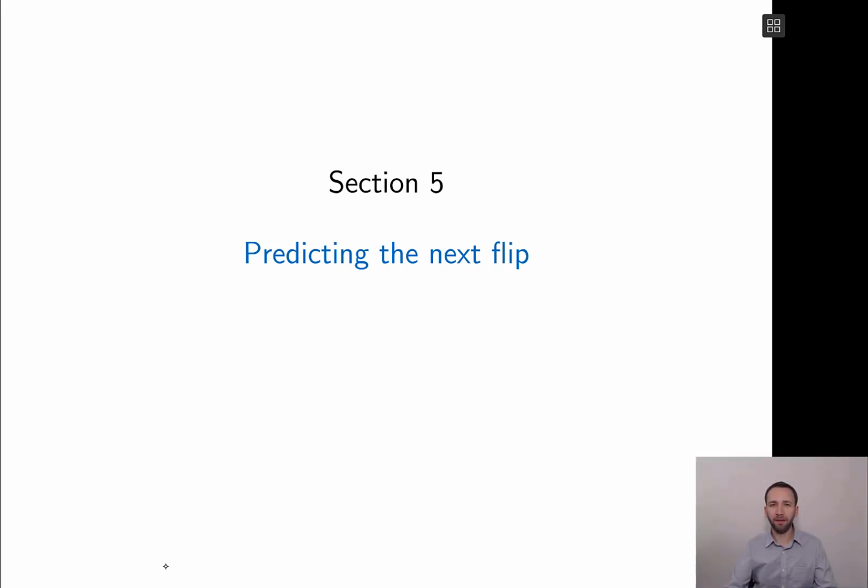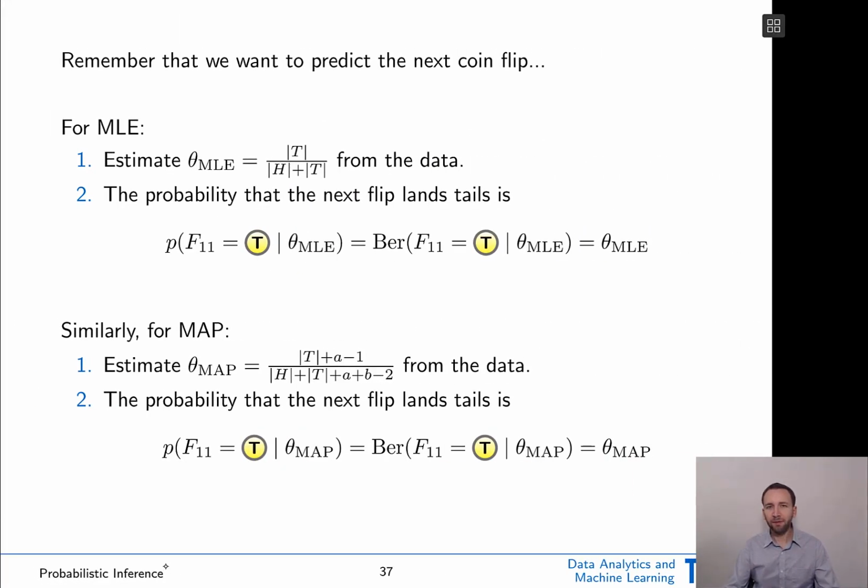Okay, welcome back. So in the last part, we really want to answer the final question we were actually interested in, namely predicting what will be the outcome of the next coin flip, right? We have seen two versions so far: we can use the MLE or the MAP estimate. In both cases, we got some kind of point estimate. Then for predicting the next coin flip, we can just exploit the IID assumption, saying that the 11th coin flip will behave the same.